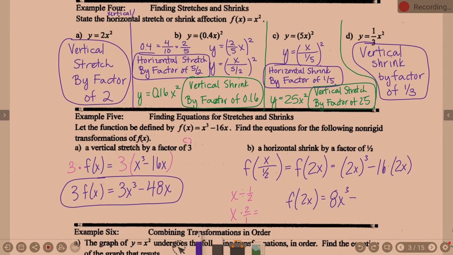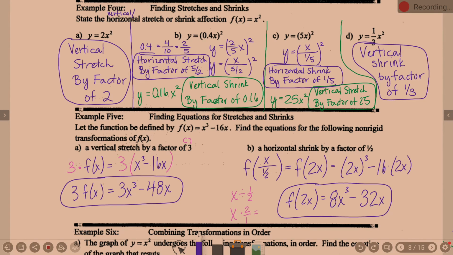Minus 16 times 2x is 32x. We did some of the ratios this morning too. So that's a little bit of just ways we can equivalate here, okay?